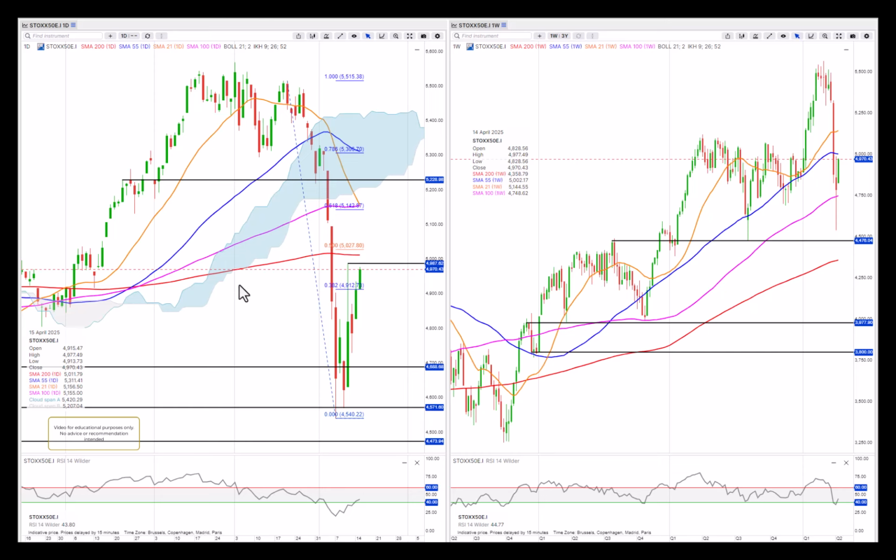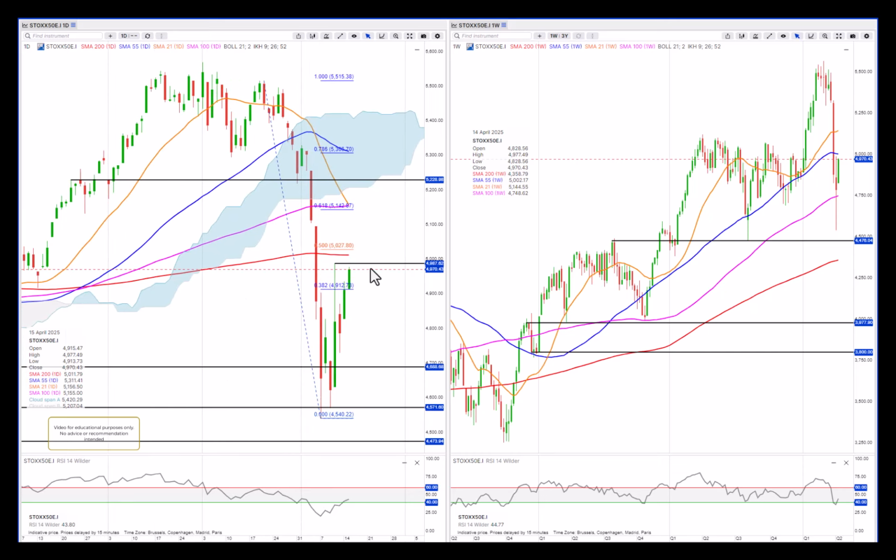European markets: the EuroStoxx 50 had a fairly good day yesterday. It will be key whether it can close above 4,988. If it can do that, then there's potential up to possibly the 100 moving average. We have the 200 here that will give a little bit of resistance, of course.